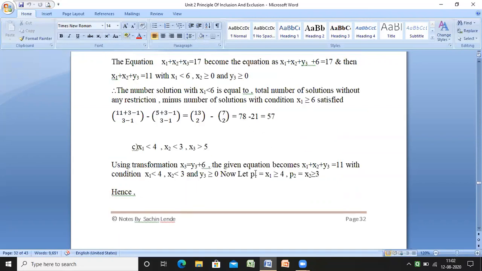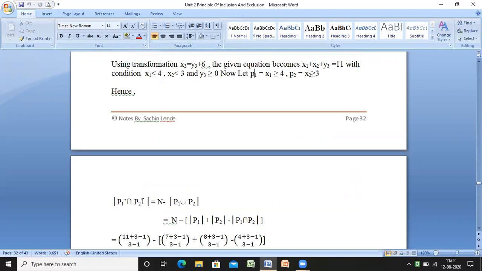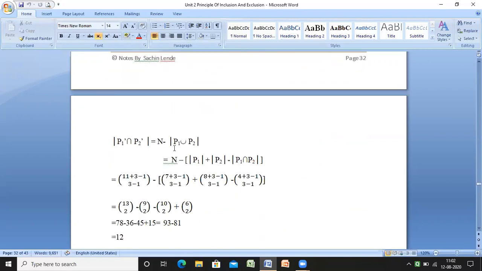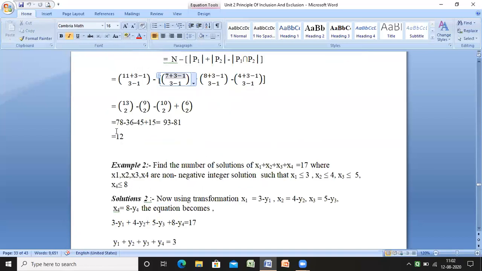So the complement of p1 is p1 dash, the complement of p2 is p2 dash, and in this way we get the formula of p1 dash intersection p2 dash, that means n minus p1 union p2, and we know the formula of two set theorems of p1 p2, that means p1 plus p2 minus p1 intersection p2. And in this way, if we put the values of n and all, we get the solution as 12 over here.